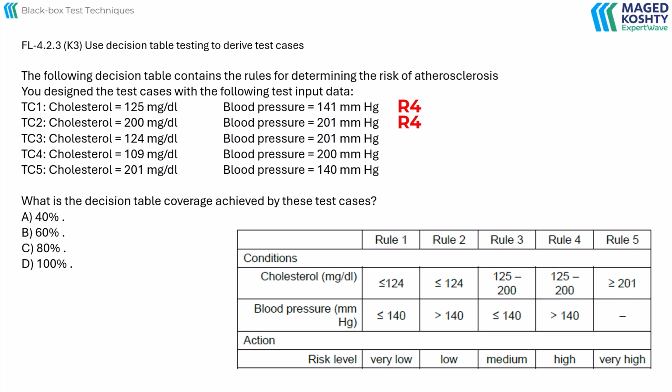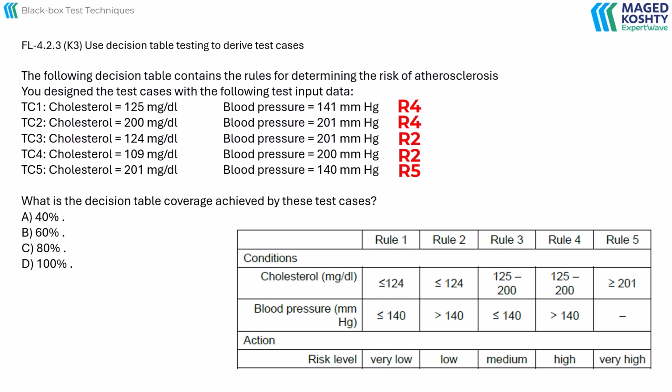Cholesterol equals 124, R1 or R2. Blood pressure equals 201, covers R2. TC4. Cholesterol equals 109, R1 or R2. Blood pressure equals 200, also covers R2. TC5. Cholesterol equals 201, blood pressure equals 140, covers Rule 5.